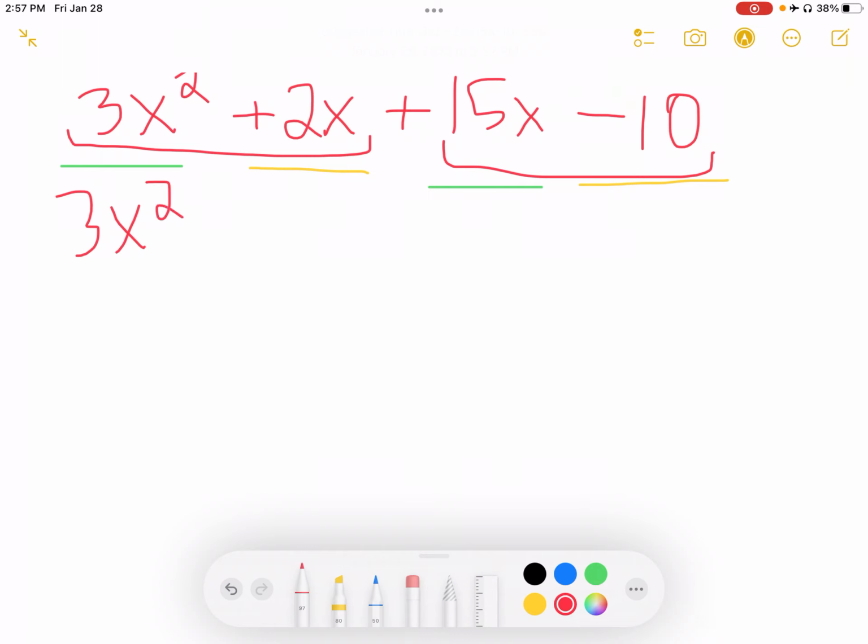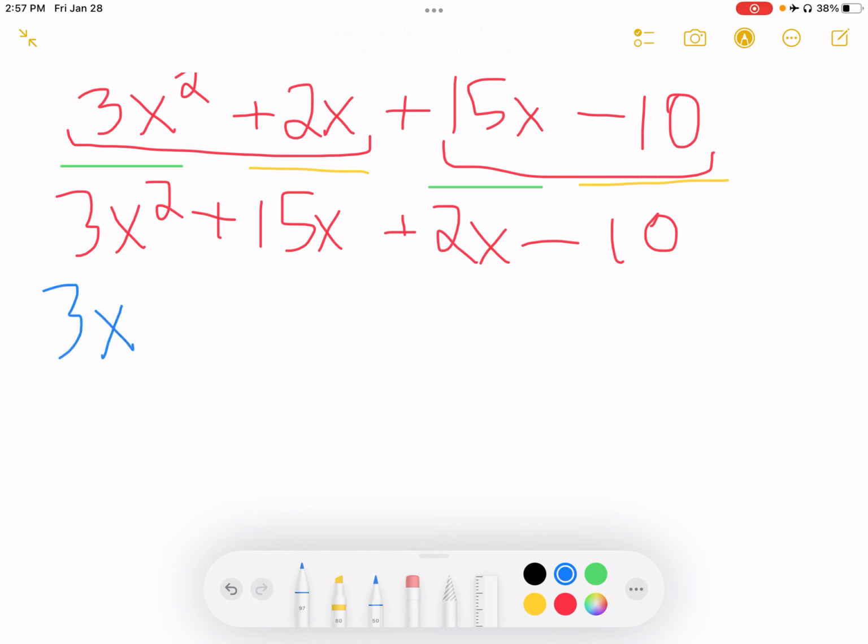I could write 3x squared and then write plus 15x, and then I'd write my plus 2x plus 10. So now I have them grouped together, where I can again factor this out, right? I have a 3 and I have an x that are common to both of these first terms right here.